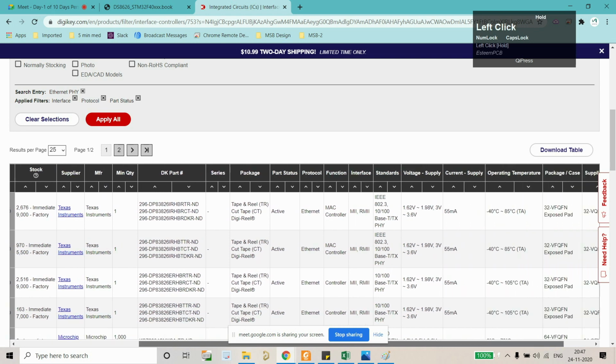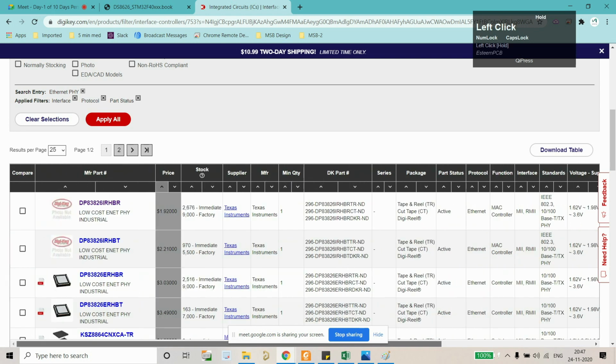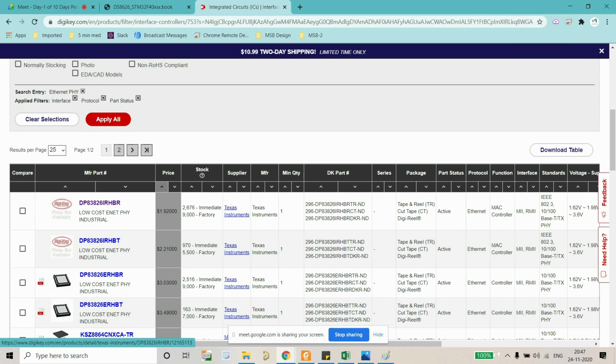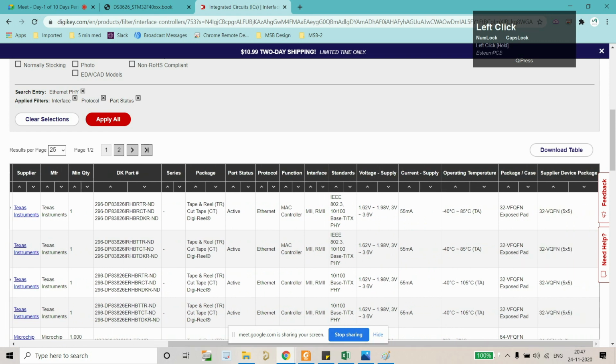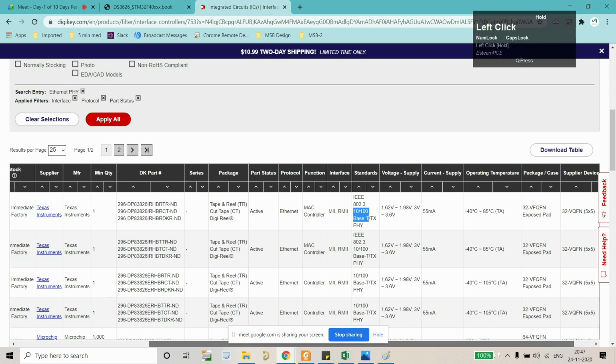If you see the first chip, which is DP83826, okay, it has all the requirements that we want from our requirement sheet, right? So it supports 3 volt to 3.6 volt. Okay, it supports lower voltage also. Again, it supports MII. It has a 10 to 100 megabits per second transfer rate.